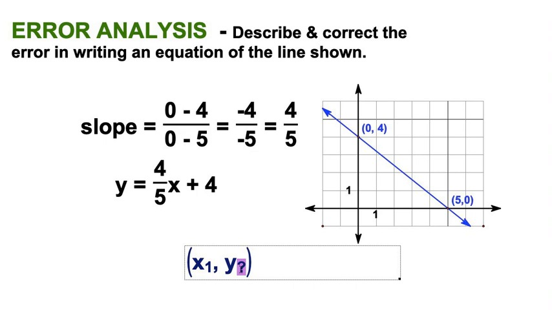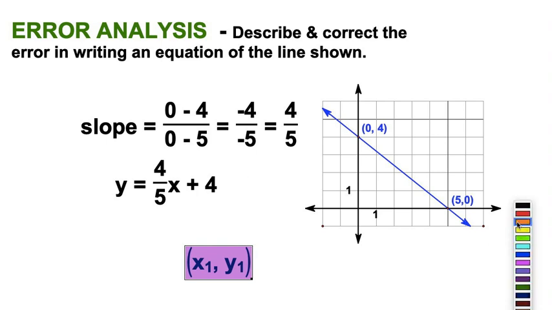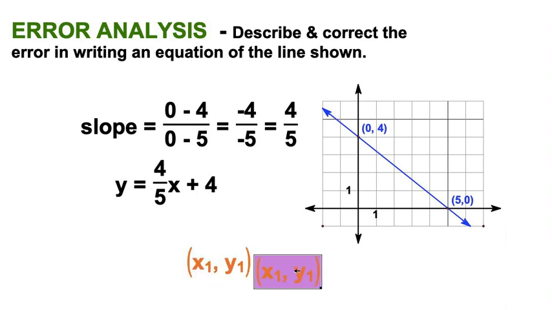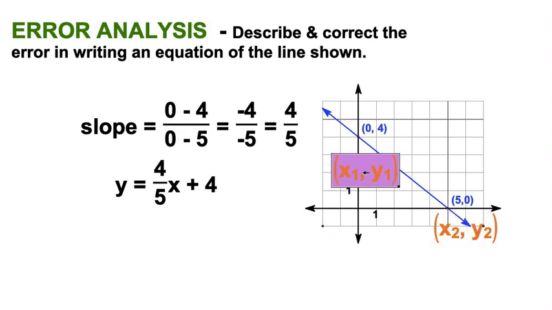And then we take the other point and we call it x2, y2. Well, which one is which? And it really doesn't matter. I'll make a copy of that, and I'm going to call it x2, y2. Personally, I always take the one on the right to be the x2, y2, and this one the x1, y1, if we're going to use the formula, because we're going to use the formula for slope in a little bit.